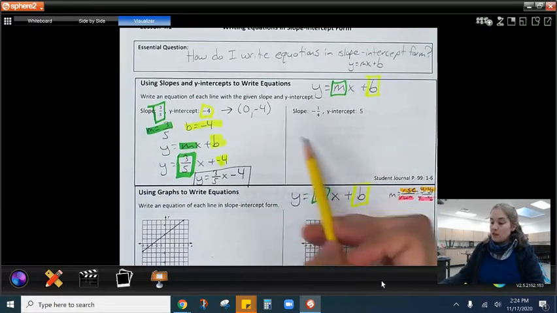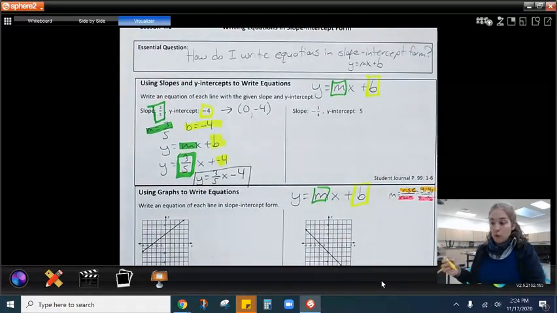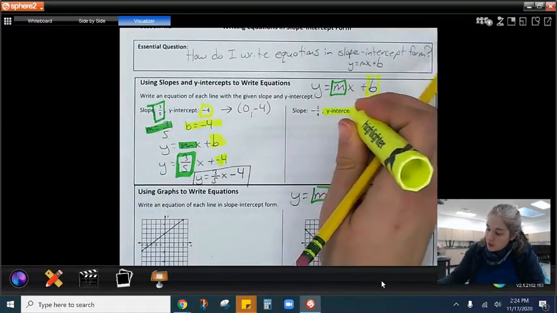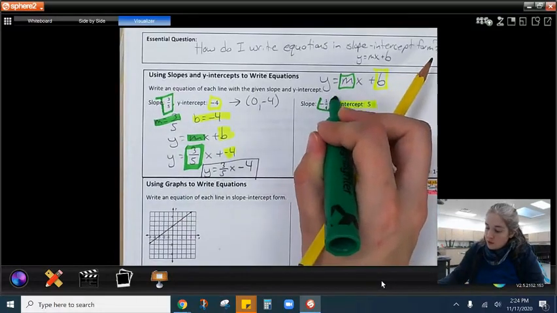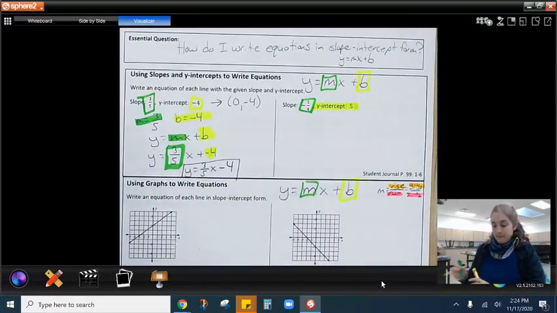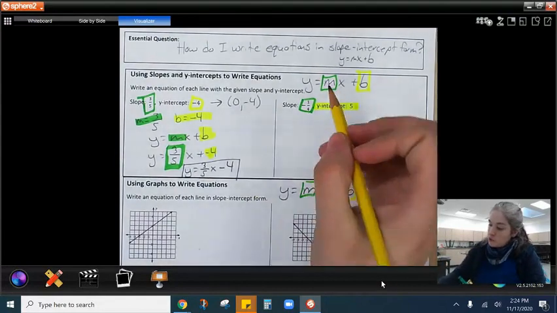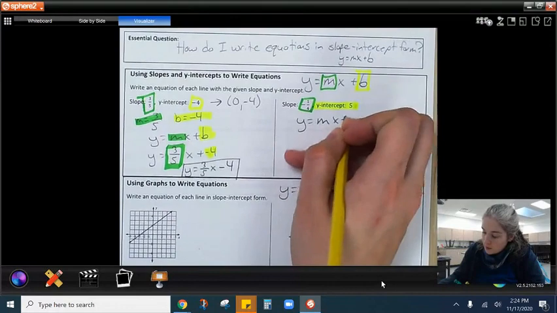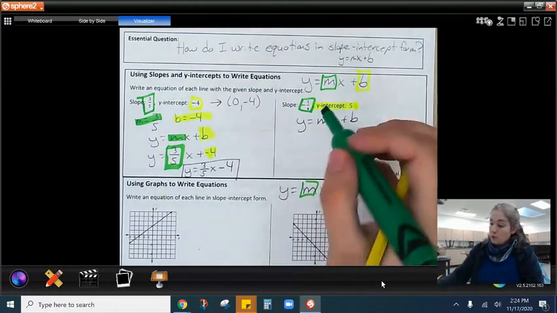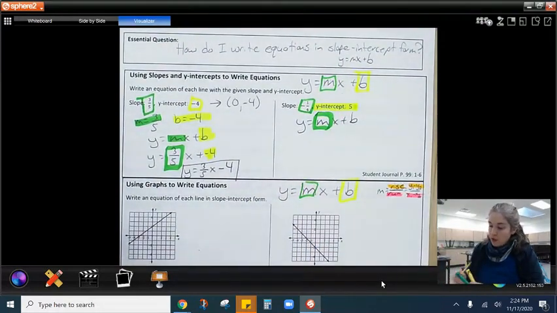So now let's try this one over here. Again, color coordinate it for yourself. So we have our y-intercept and we have our slope. Ooh, shifted it a little bit. Sorry about that. So I'm going to take my equation right here, y equals mx plus b, and I want to plug in what I know.